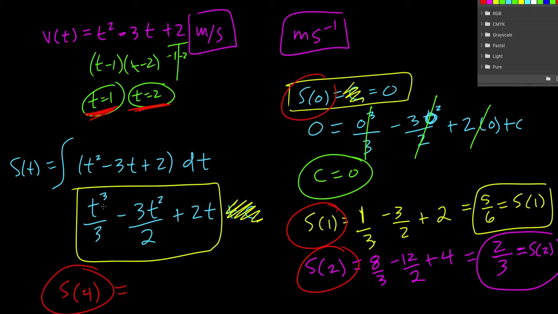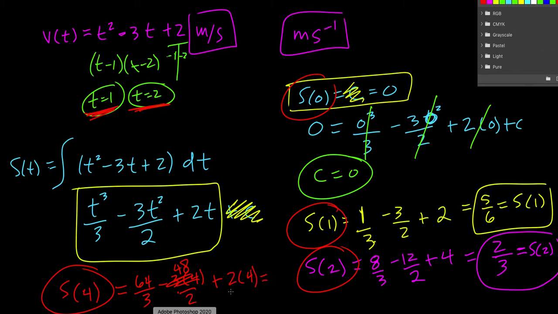Now we plug in 4, so that's 64/3. 4 cubed is 64, minus 3 times 4 squared, so that's 16 times 3, 48 over 2, and then 2 times 4.